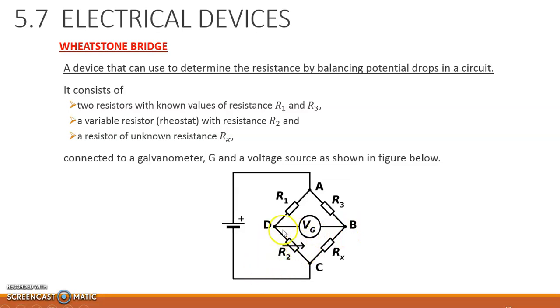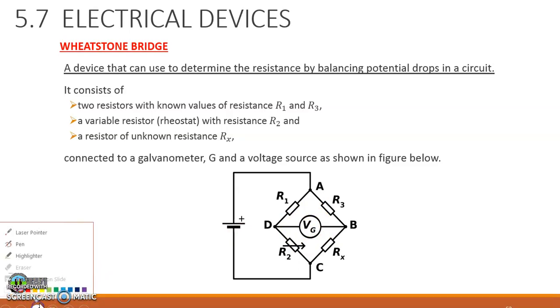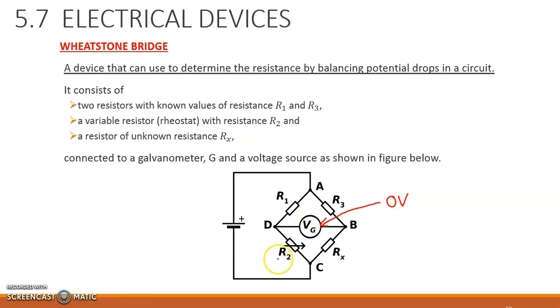So why do we need to change the value of resistance here by using the rheostat? We want to make sure that the potential difference through the galvanometer is equal to 0. Kita nak bacaan pada galvanometer ni menunjukkan 0 volt. So, dengan cara ubah nilai pada perintang boleh laras, bila dah galvanometer tunjukkan nilai 0, kita boleh katakan bahawa the bridge, jambatan di antara point D and point B here, is balanced.